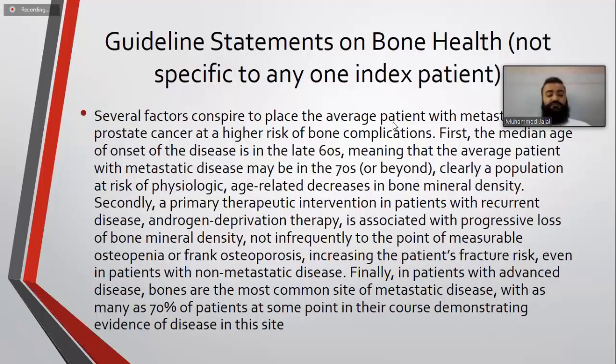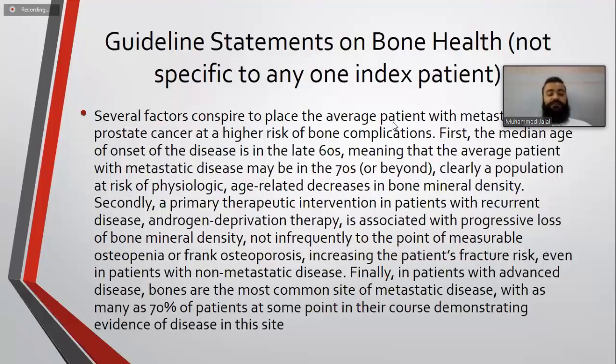Several factors conspire to place every patient with metastatic prostate cancer at a higher risk of bone complications. First, the median age of onset of the disease is in the late 60s, meaning the average patient with metastatic disease may be in their 70s or beyond, clearly a population at risk of physiologic age-related decreases in bone mineral density.